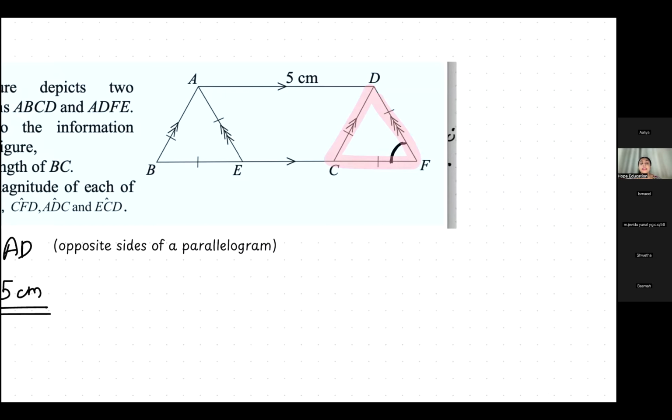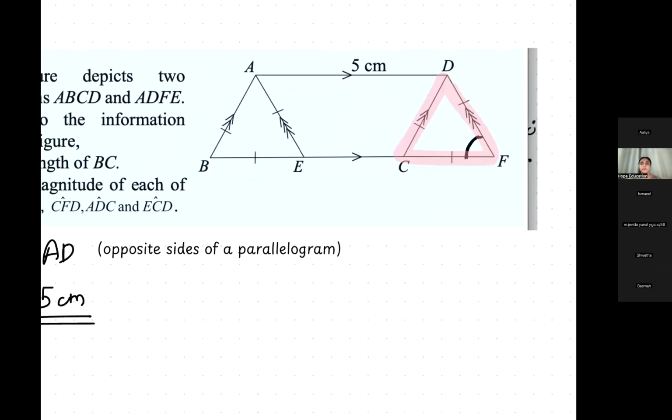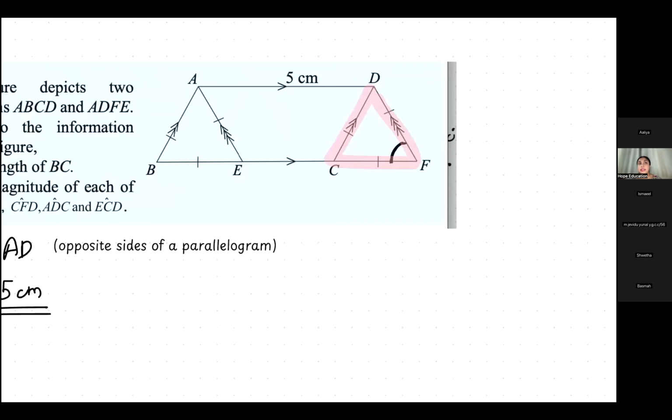What is the interior angle in an equilateral triangle, Lamai? Anybody? 60. Yes, it's 60. So always, if it's an equilateral triangle, the interior angle is 60.